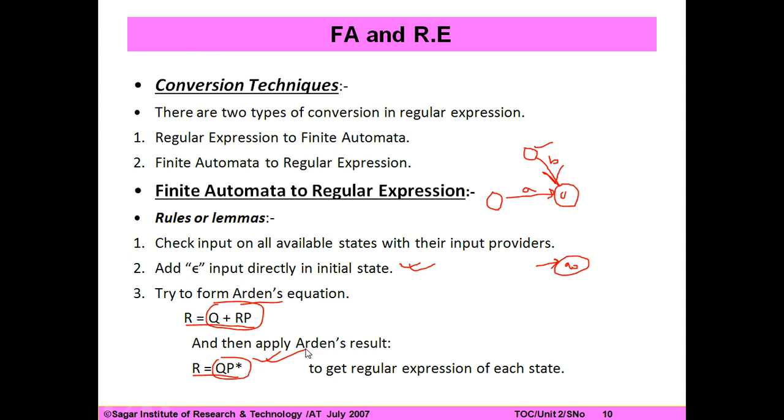So please go and see the identities. This is the meaning of Arden's equation. Arden's equation plays a vital role while converting a finite automata to regular expression. And remember, this P is not going to get the epsilon value.